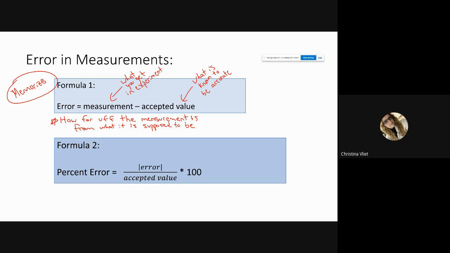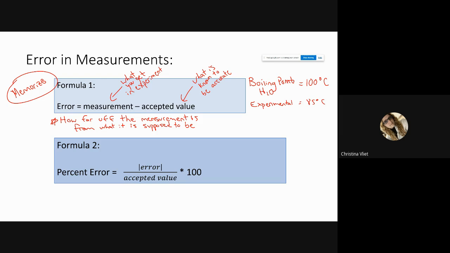So if we go back to our boiling water example, and we know the boiling point of water is supposed to be 100, and you got experimentally 85. That was what we said before. What is our error? 15.